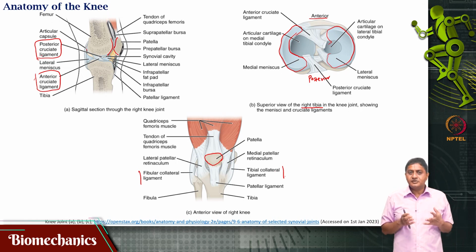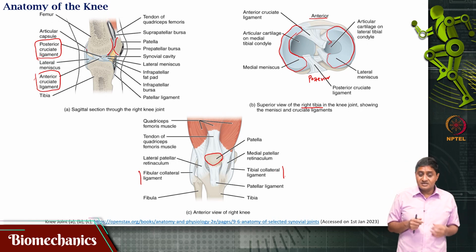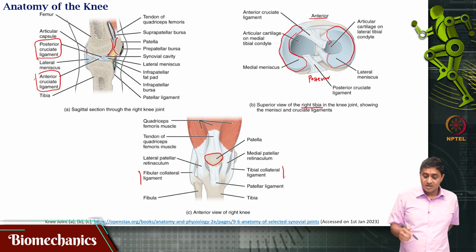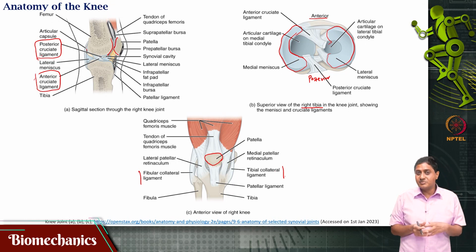Something to keep in mind is the structure of the bones themselves provide for the interaction that happens between these bones. So, femur, its two condyles are more convex or more rounded. In comparison, tibia, where it interacts with the femur in the tibiofemoral joint, is slightly flat or concave.